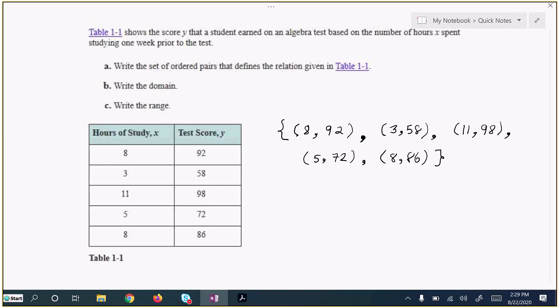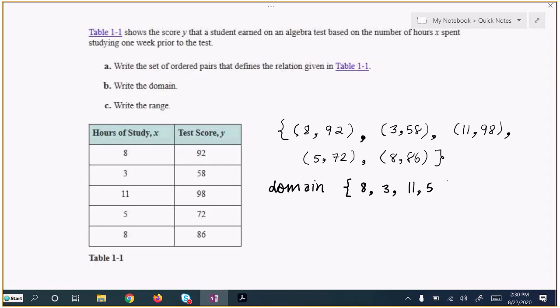Now we'll write the domain. The domain is the set of x values. So again, we'll start a set and say, well, one of my x values is 8. I have 3, 11, 5, and then I have another 8, but in a set, I don't have to write the same element twice.